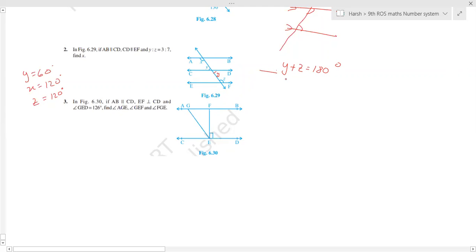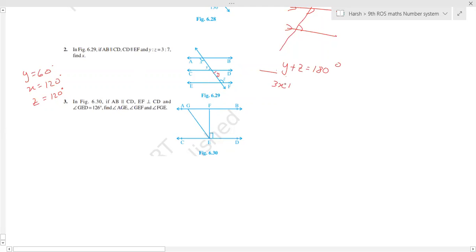Where is it written 60? No, sir. I found y as 60, sir. How? Sir, I found it like this. We can take y as 3x. So 3x is equal to 180.